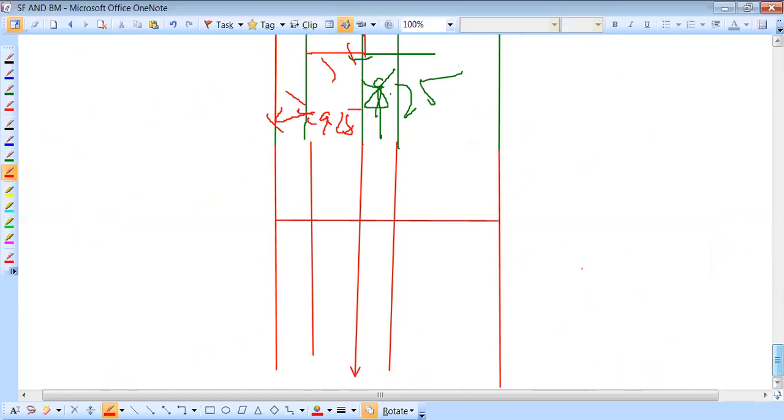So here draw a direct straight line. For the BM diagram, you can draw a straight line. Then D is equal to how much? Minus 5.